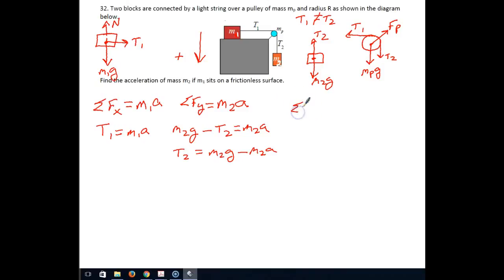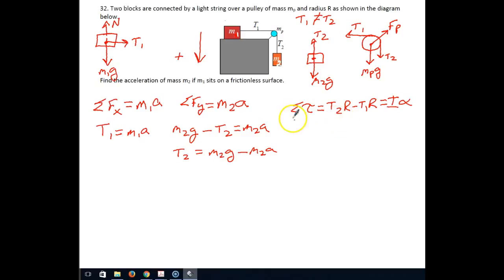So the sum of the torques is equal to tension number 2, since it's going in the positive direction, times the radius, minus tension number 1 times the radius. Remember, a force times a radius is a torque, minus this torque going to the left, should be equal to I times alpha.